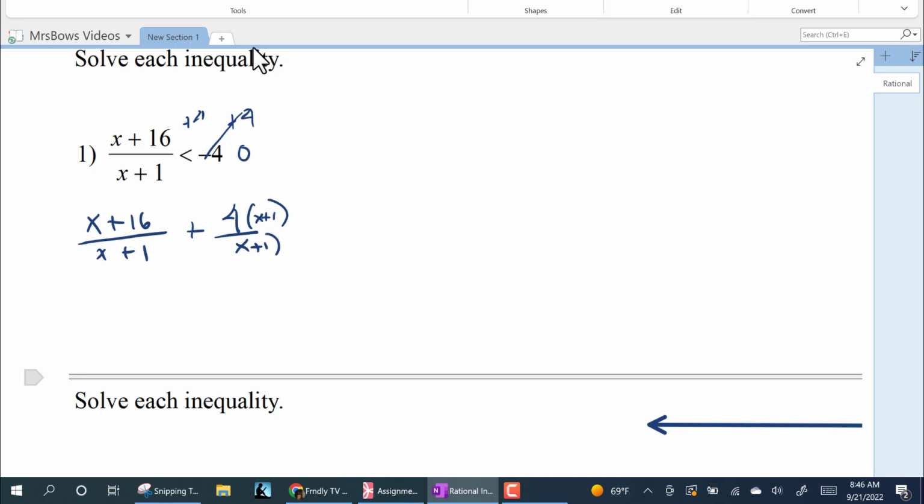So that gives us two fractions that can now be added together because they have the same denominator, and you have x plus 16 plus 4 times x is 4x, 4 times 1 is 4, and now in the numerator, I realize my 4's kind of look like 9, so sorry about that.